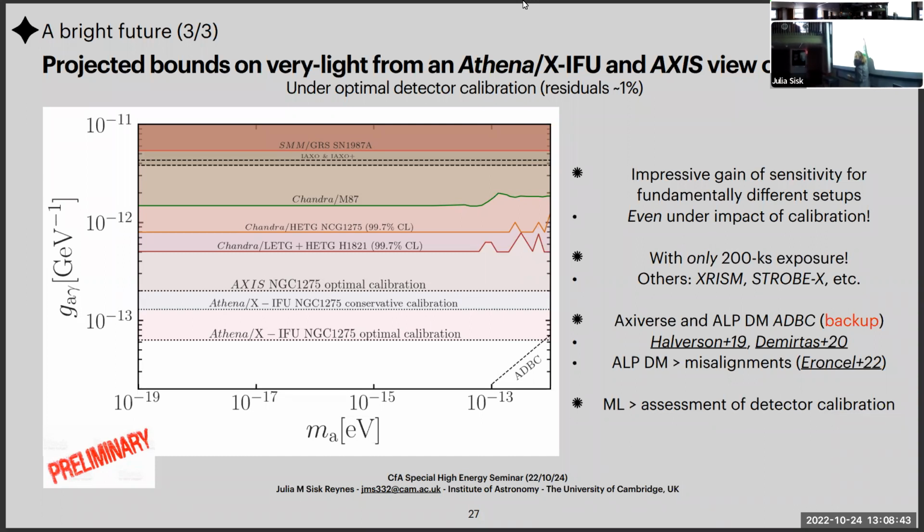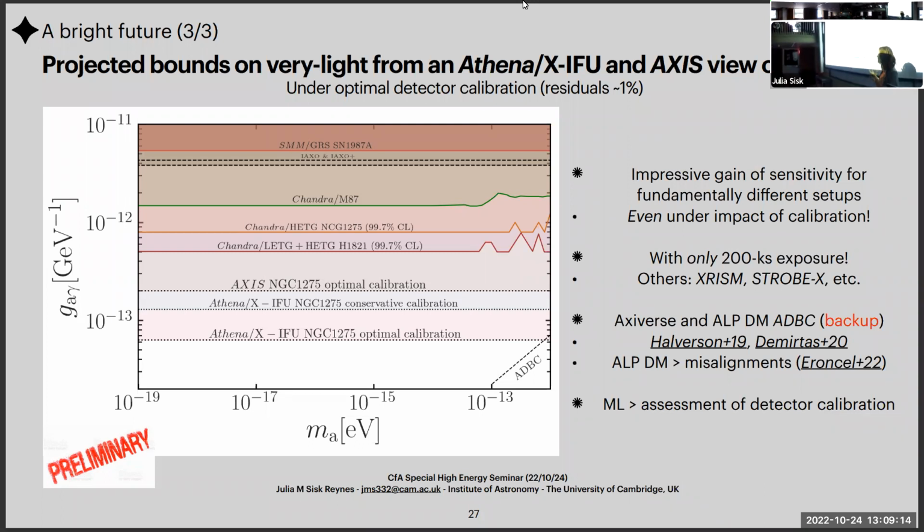And even then, being conservative in terms of how we consider these calibration effects, Athena will be able to do a very good job. This also highlights the power of different missions that may have more moderate spectral resolution for constraining axions, which is the case of Axis here, which will be able to tighten the constraints by a factor of 3.